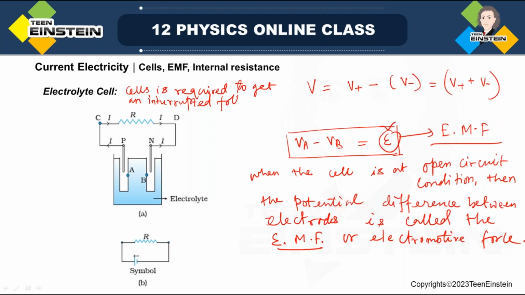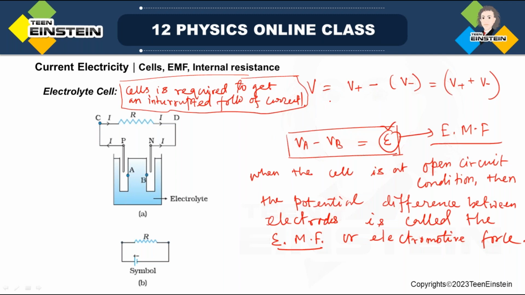So this is a requirement of the cell. The cell is required to get uninterrupted current through it, or uninterrupted service from any electronic or electrical devices.